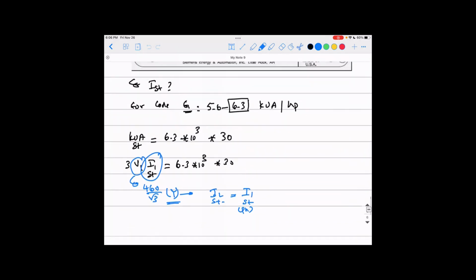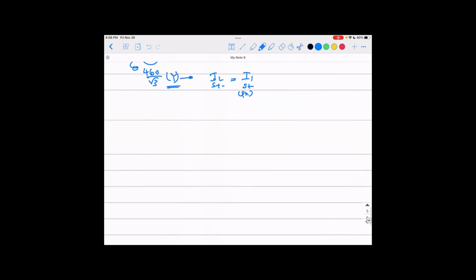By the way, that's the maximum, because we go with the maximum value, 6.3. But you can also calculate it with 5.6, and that will give you the minimum expected value. Now you know your expected starting current will lie between these two.